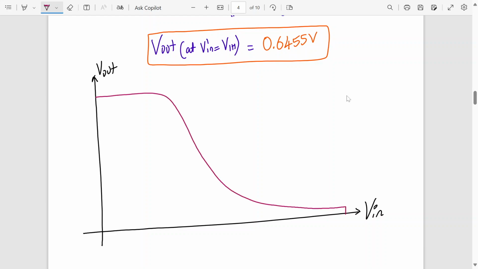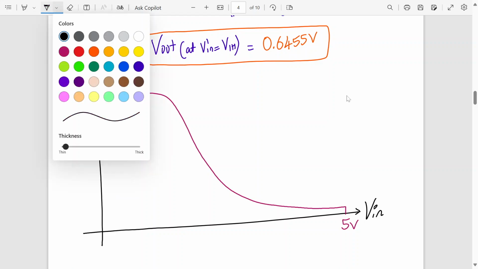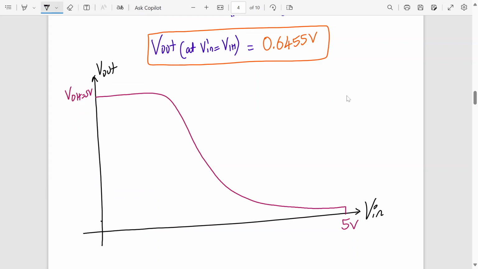Okay, so this is VOH equal to 5 volt. Where is my VOL? VOL is over here. How much was that? 0.147, right? This point.